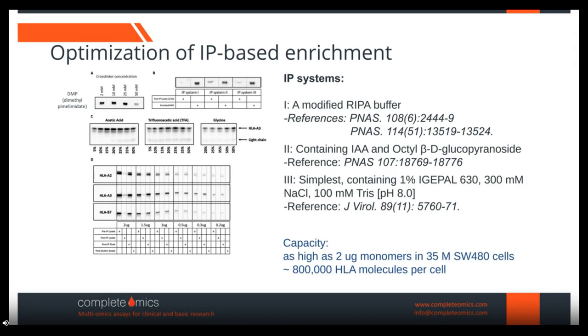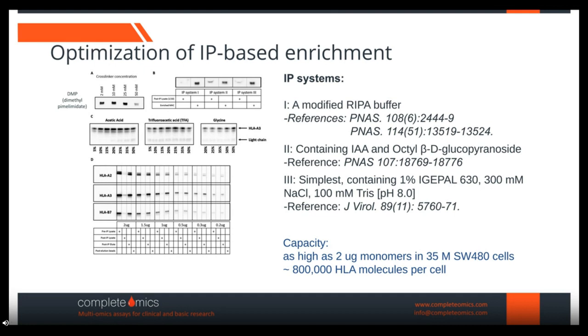So we first optimized a set of different IP-based enrichment methods and compared their efficiency and the cleanness of the enrichment. We first tried different cross-linkers, and the result shown here is only the final result that we optimized.